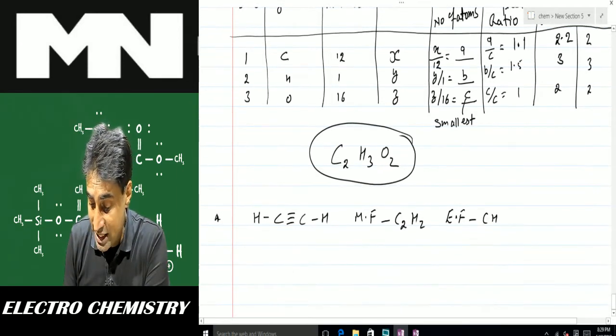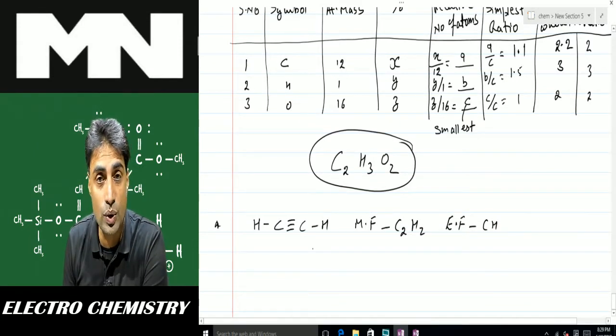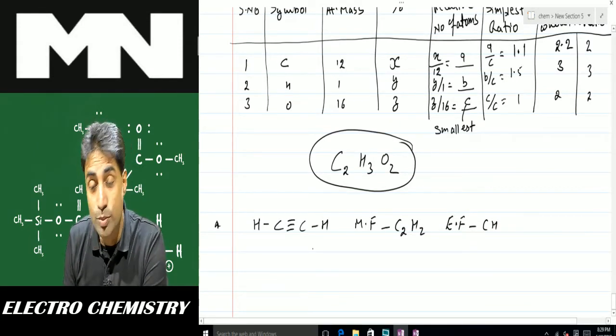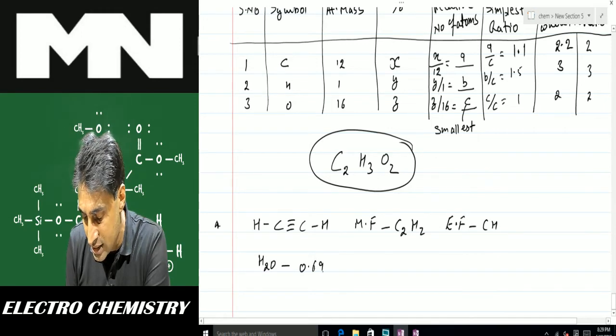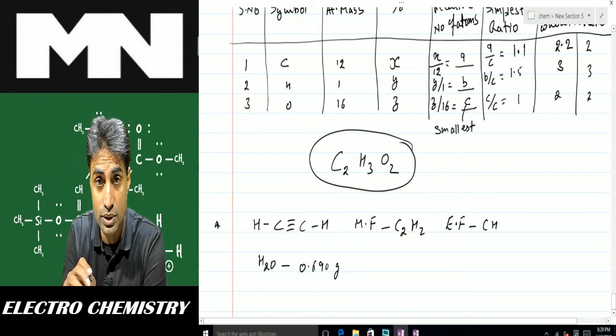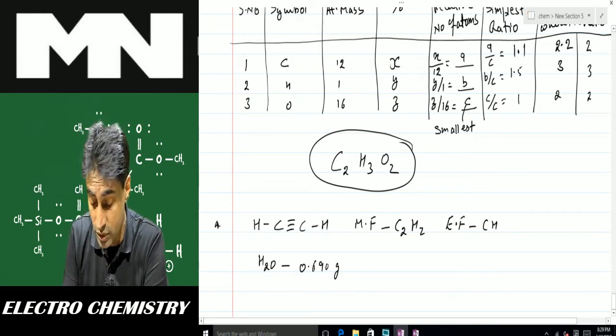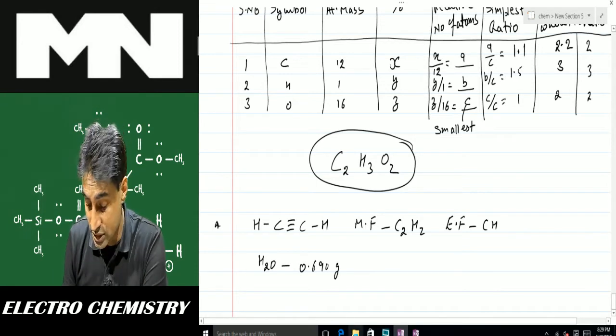It has been told that the welding fuel gas is made up of carbon and hydrogen only, and if you burn a small sample of that, you'll get water, that is 0.690 grams. This is what I can remember. I do not know the question exactly. Kindly check the value in the textbook also, but you will get an idea of how to do this question.